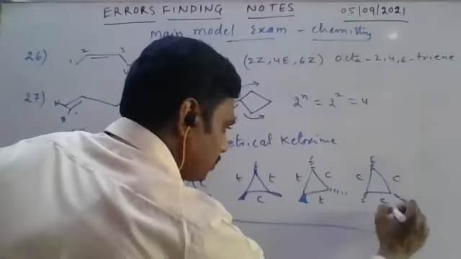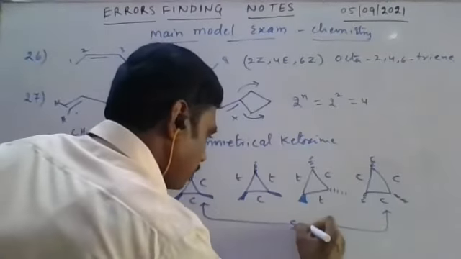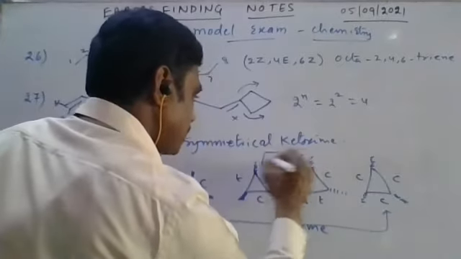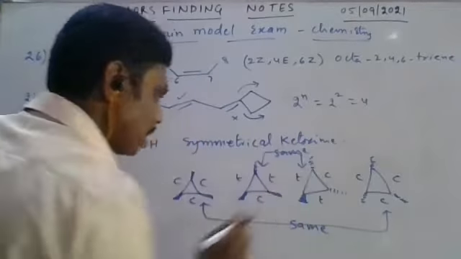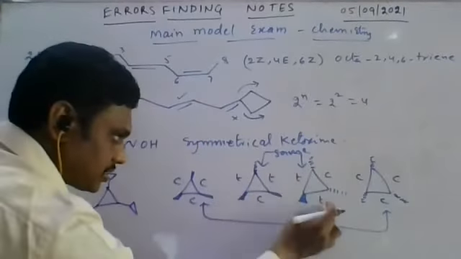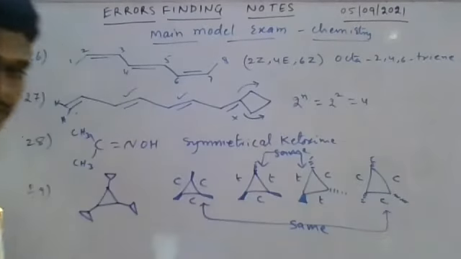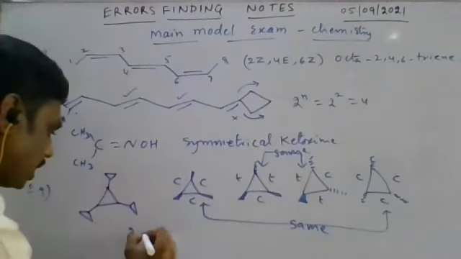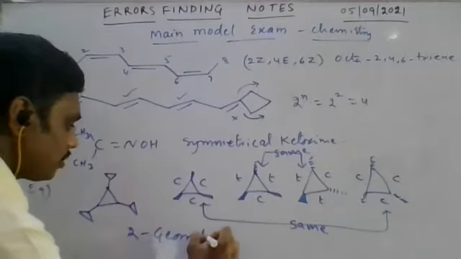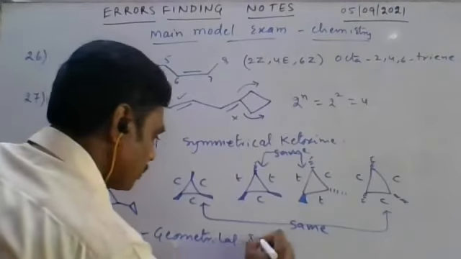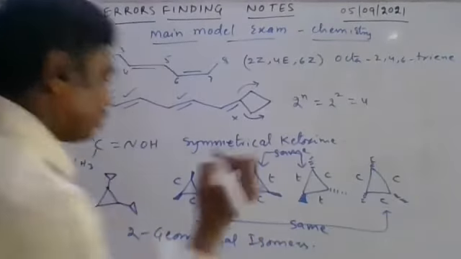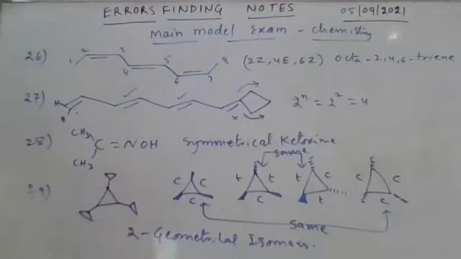So here you get that these two are the same compounds and these two are the same compounds. Nana. Look at this: trans, trans, cis; trans, trans, cis. These two compounds are the same and these two compounds are the same. Total possibilities: two geometrical isomers are possible for this compound.